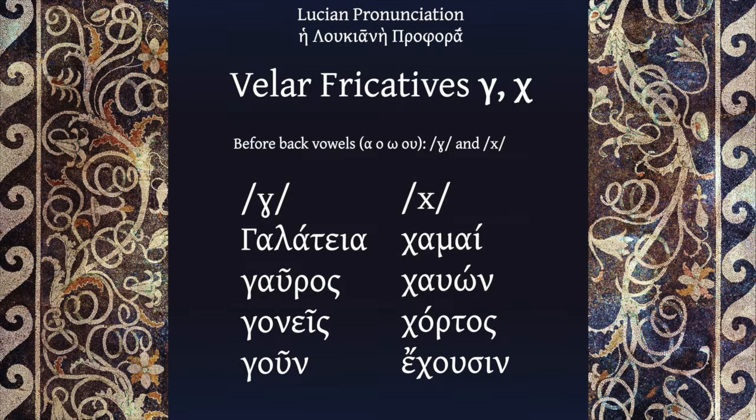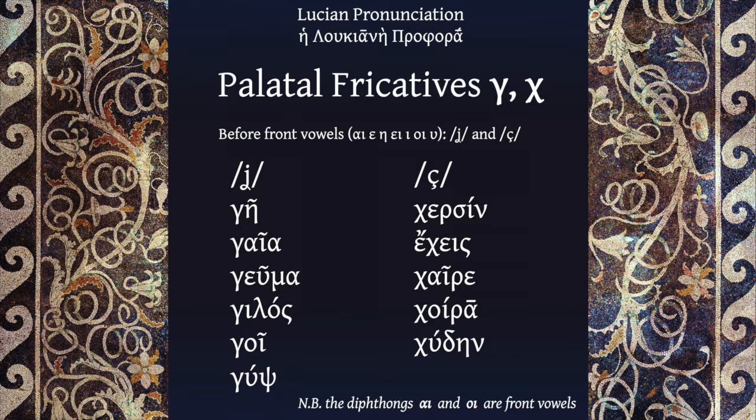So we should be saying, for example, Galatia, Gavros, Gonis, Gun, Chamae, Chavon, Chortos, Echusin. But before front vowels, as in e, I, u, they move forward into the palate, which is called palatalization, a key feature of both modern Greek and Koine.